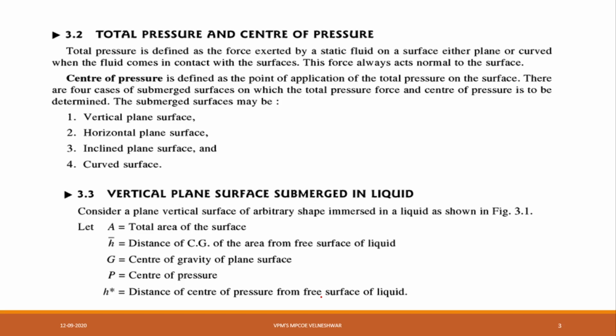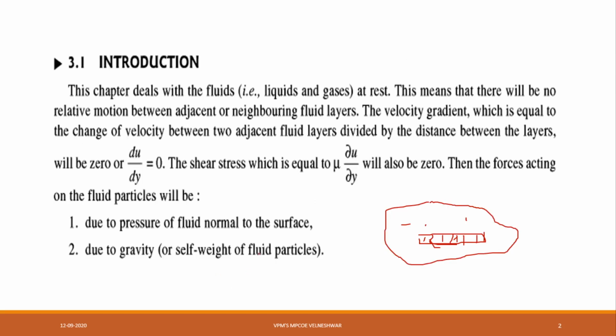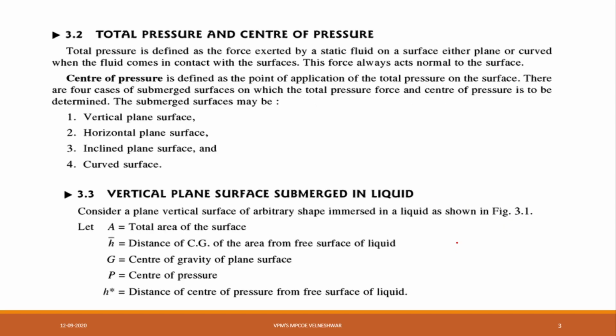Total pressure is defined as the force exerted by a static fluid on a surface, either plane or curved, when the fluid comes into contact with the surface. Suppose there is a static fluid: there is one jar and the strip is exactly at the center, with no movement or motion.